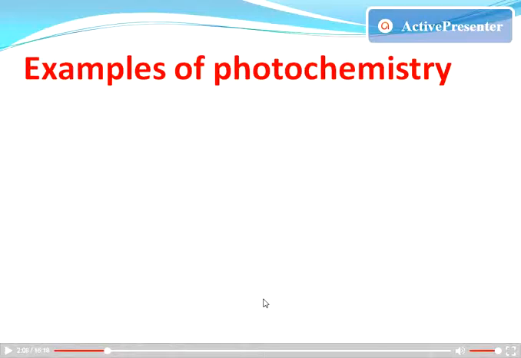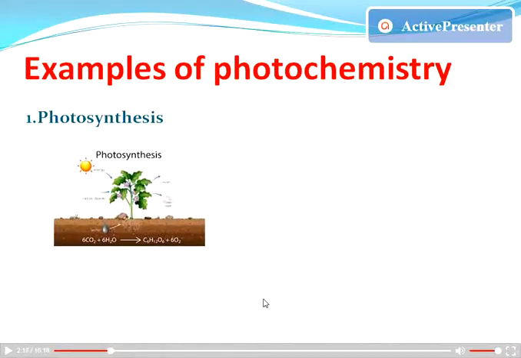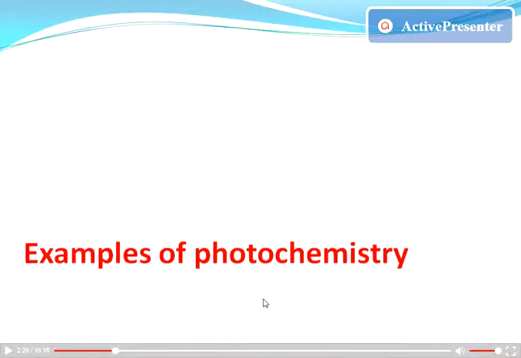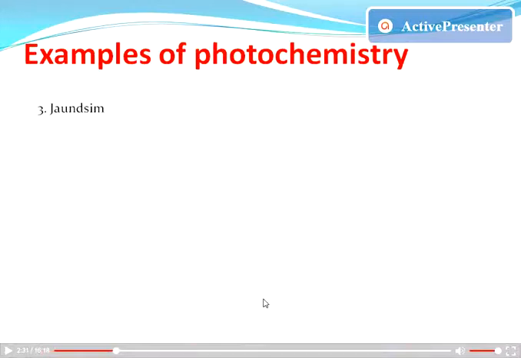examples of photochemistry. Okay, we know very well that for photosynthesis to occur, light must be there. And we can also have it in phototropism, which is the movement of plants towards the light source. Okay, we can also have it in jaundice.